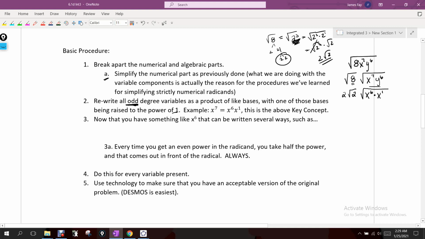It says now that you have something like x to the 6th, that can be written several ways. You can do this multiple ways. We can rewrite that, and remember, it's all underneath the radical, as x squared times x squared times x squared.